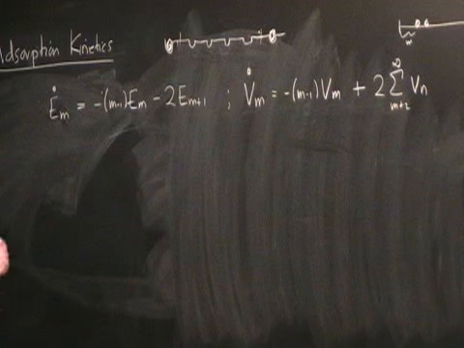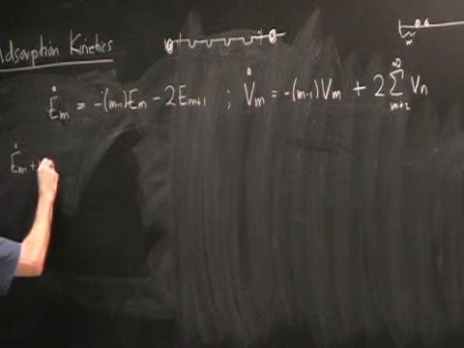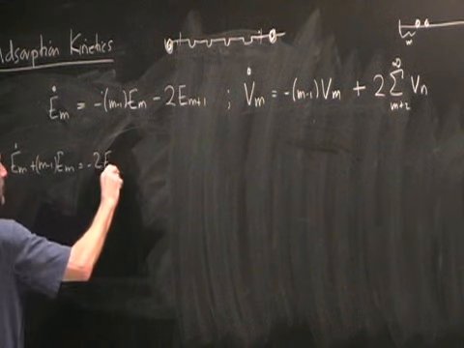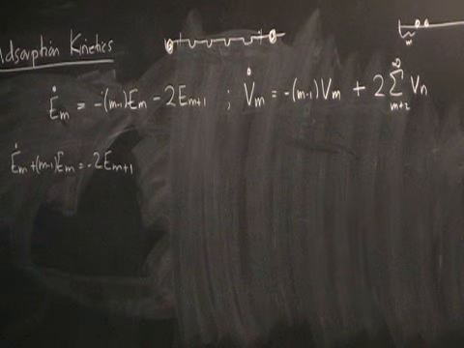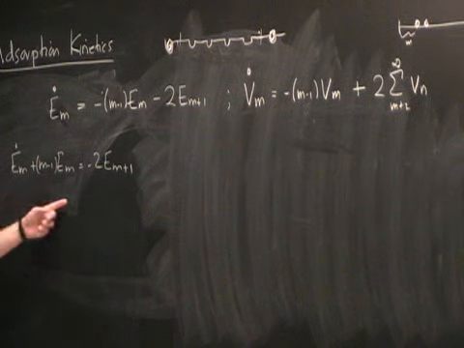Let me write it in a way that's suggestive. E_m dot plus (m minus 1) E_m is equal to minus 2 E_(m+1). From freshman or sophomore differential equations, it looks like a framework to write an integrating factor.